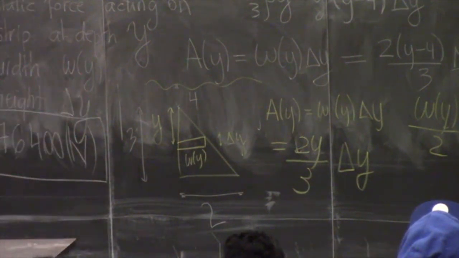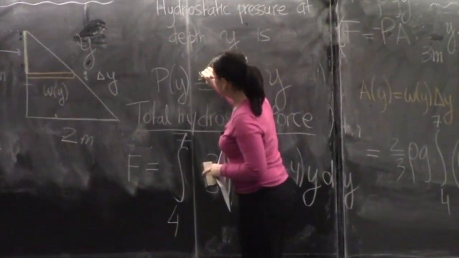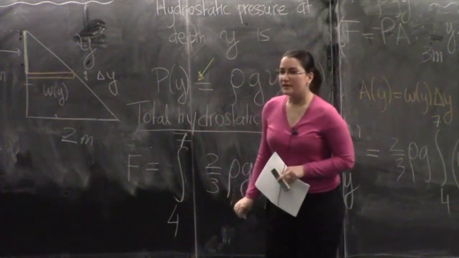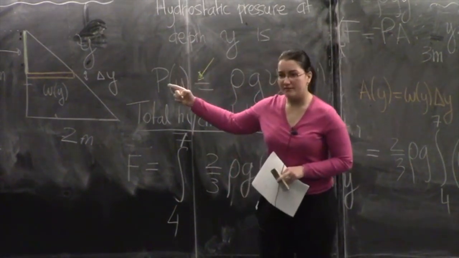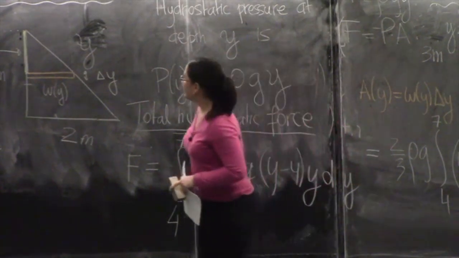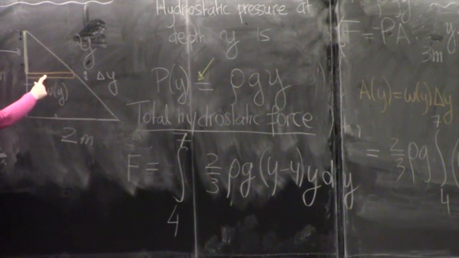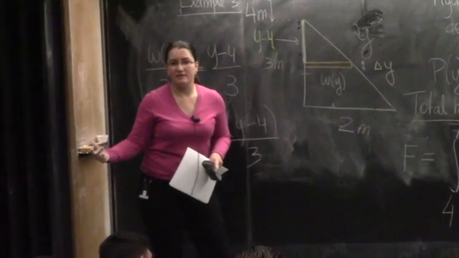But when we compute the force, we are going to see a tiny change right here. Because if we choose to let y denote the distance from the vertex, and if we want to compute the hydrostatic pressure at level y, then you know the hydrostatic pressure depends on the depth.